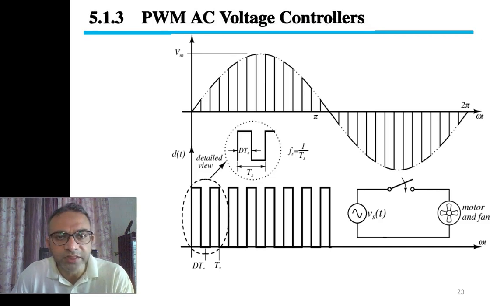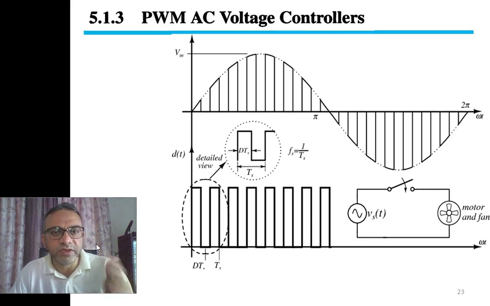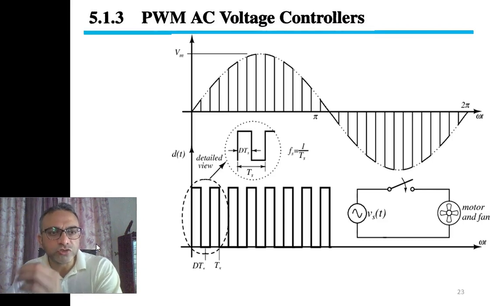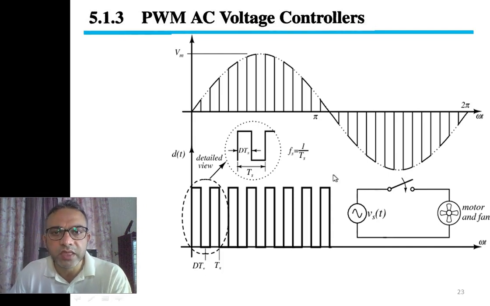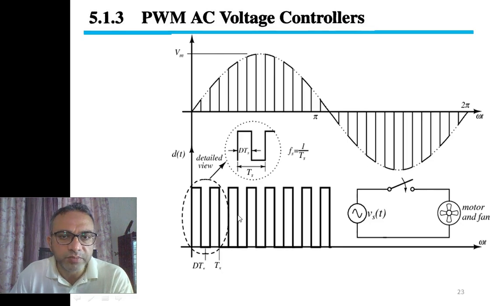The on time and the off time can be set variable, and by setting the variable on time and off time, we can hence control the output voltage. We will see a formula for this. However, at this stage, Fs represents the frequency and 1 over Fs, that is Ts, represents the time period.